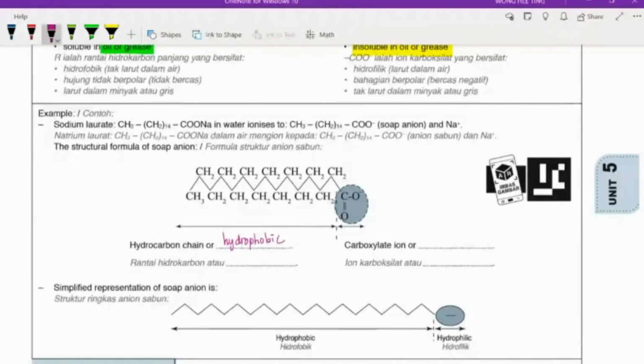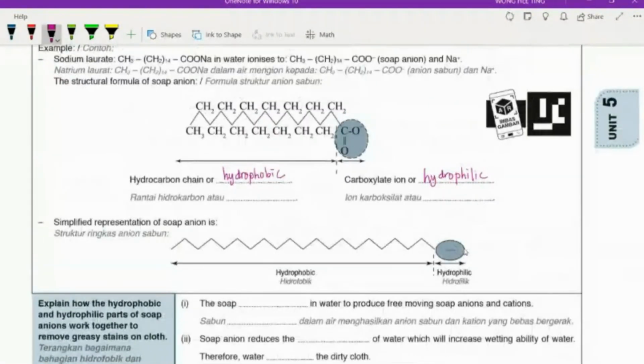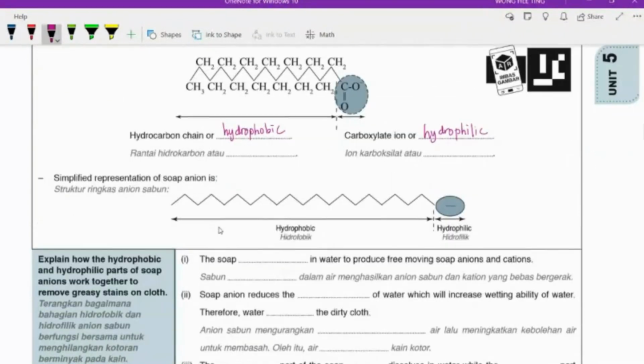The carboxylate ion on the head is hydrophilic, and this one is hydrophobic. This one is an ion, that one is neutral. A simplified representation of the salt anion with this.